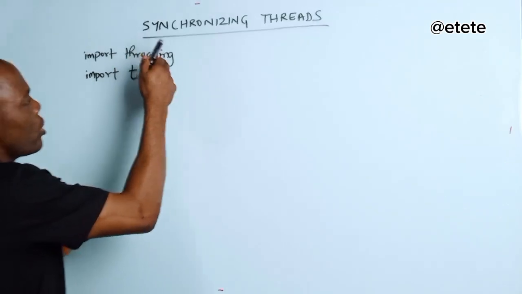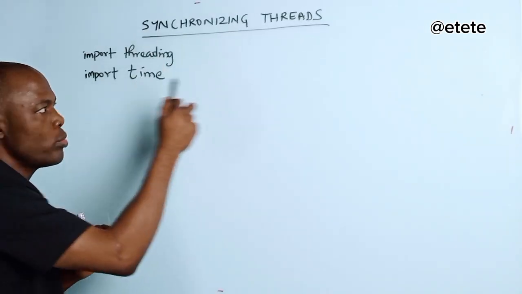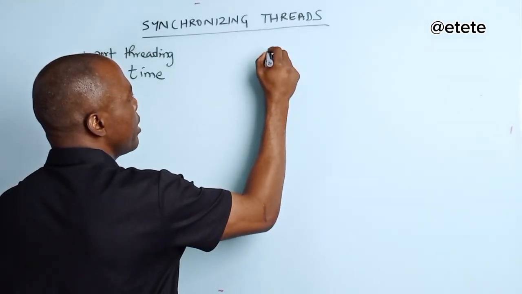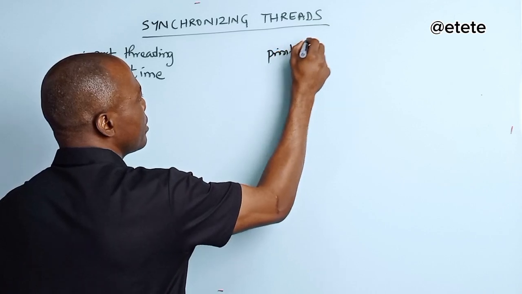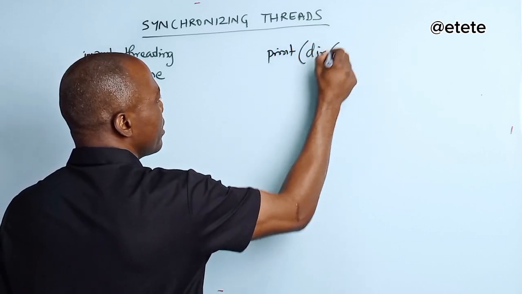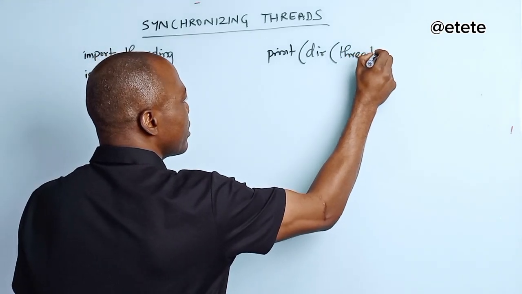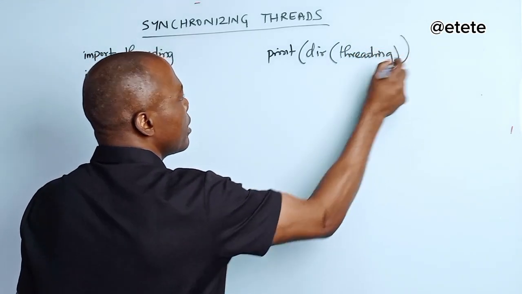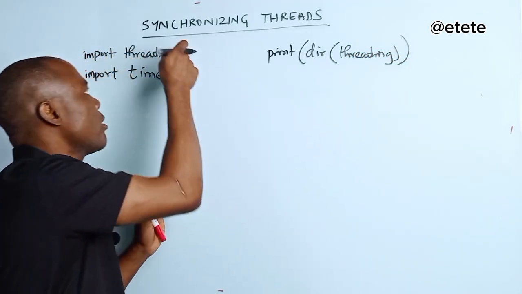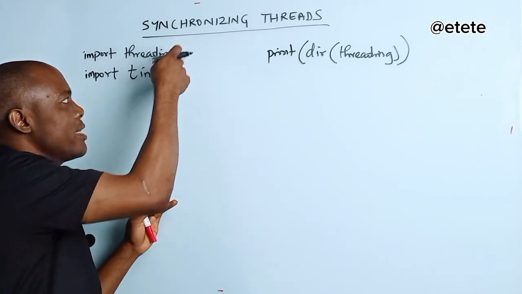Now, to find all the component parts of each of these modules, you can do print, dir, and then we bring in threading. Then you will see the component parts of this. What are the things inside?